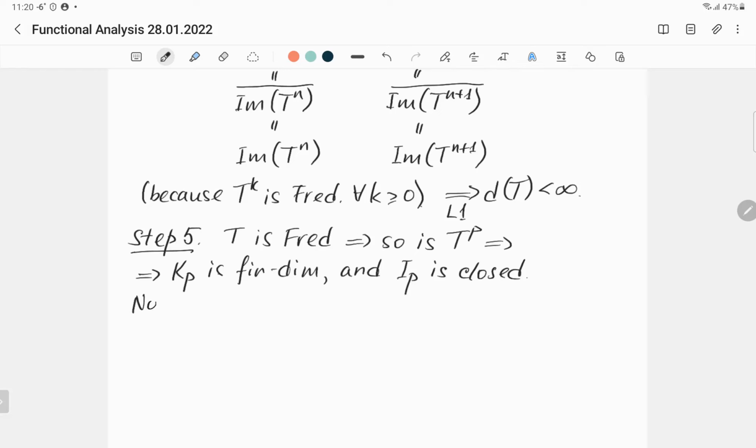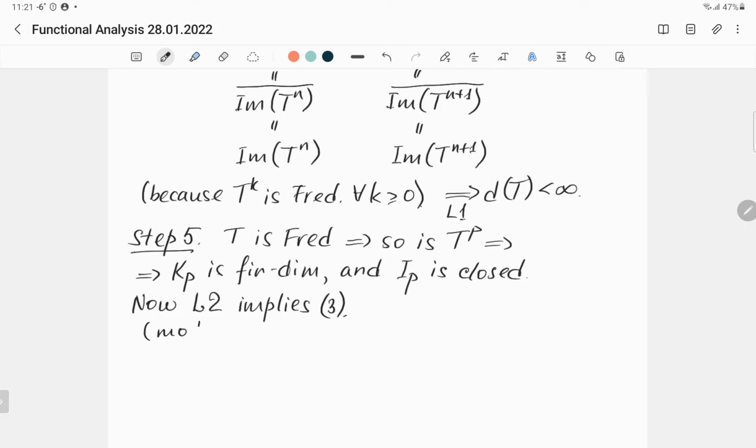And now we can apply lemma 2. We see that lemma 2 implies part 3. The only point is to observe that the restriction of T to IP is a topological isomorphism, because it's a bijective bounded linear operator between Banach spaces.